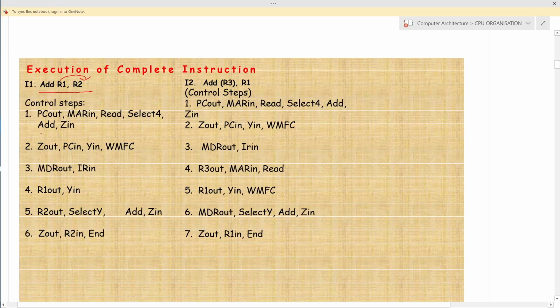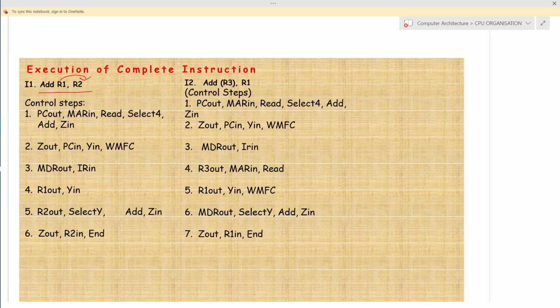This example needs 6 steps. Each one is called a control step. Whereas performing addition by reading the content of R3, which holds the memory location, and placing that value in R1 takes one extra step because we are performing one extra memory access operation. So it takes seven control steps.